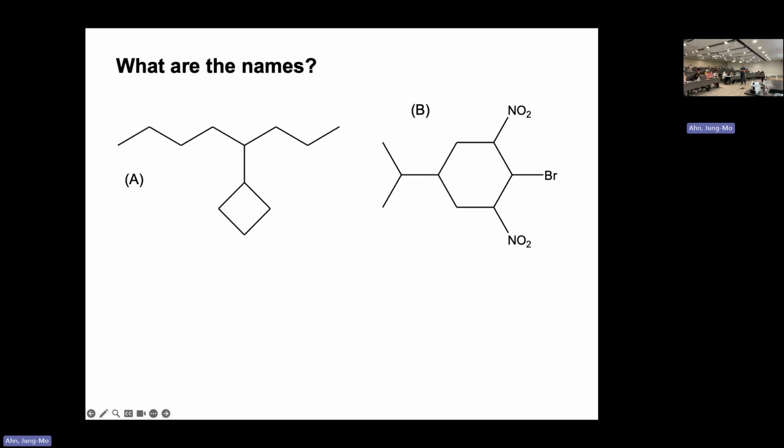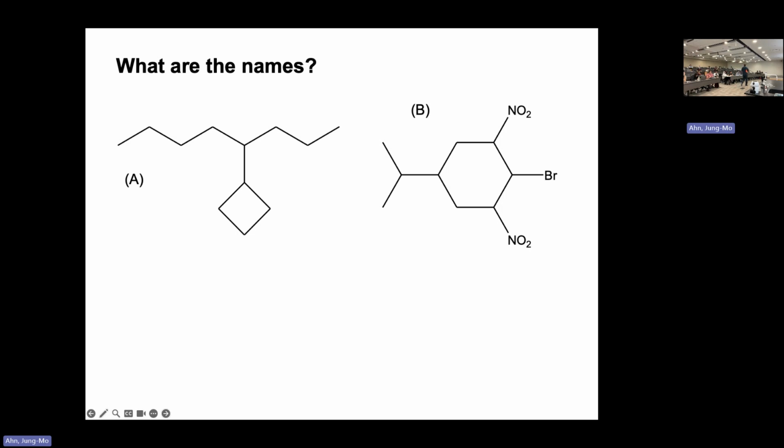The greater number of carbons should be given to the main chain. This open chain one has 1, 2, 3, 4, 5, 6, 7, 8 carbons, and the cyclobutane has just 4 carbons. So I'm pretty sure you will easily choose octane as the main chain. And when octane becomes the main chain, that ring just becomes a substituent. Cyclobutane as a substituent is cyclobutyl.